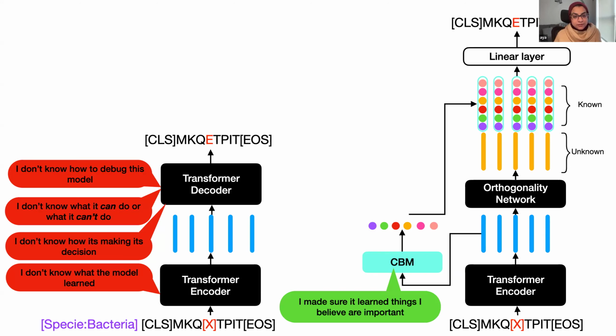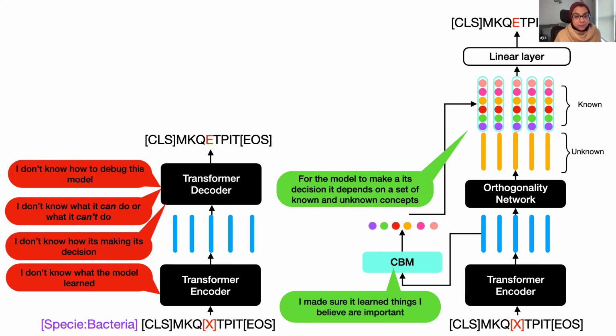This concept bottleneck basically tells us to make sure that we learn the things we care about, that we understand the protein and how the proteins are made, and that we learn the things that are important to the biophysical properties of the protein itself.